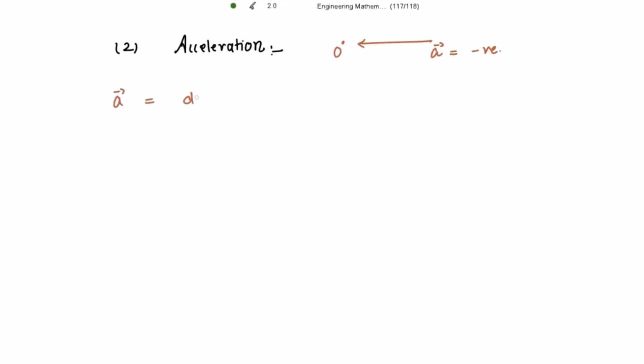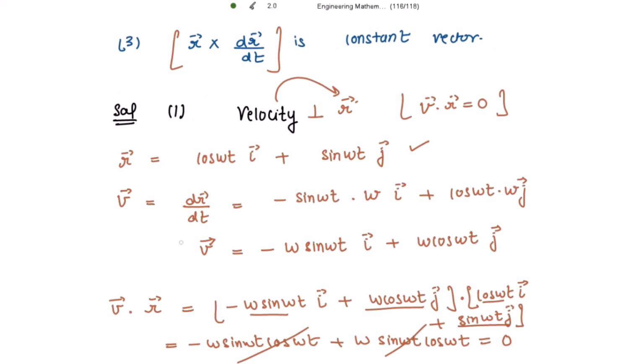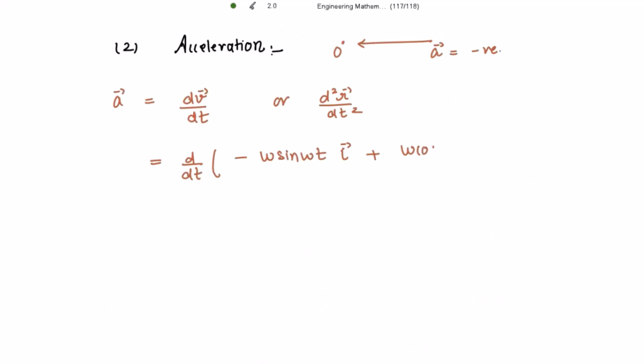It is the derivative of velocity with respect to time, or the double derivative of the r vector with respect to time, whichever way you want to find. I'm differentiating the velocity. We have found velocity to be minus w sin wt i plus w cos wt j.